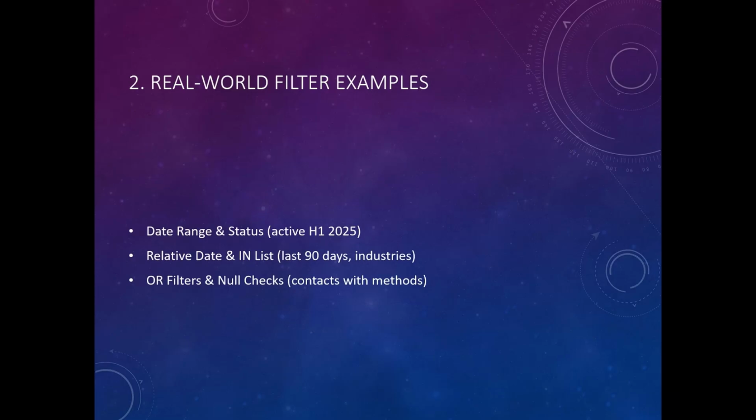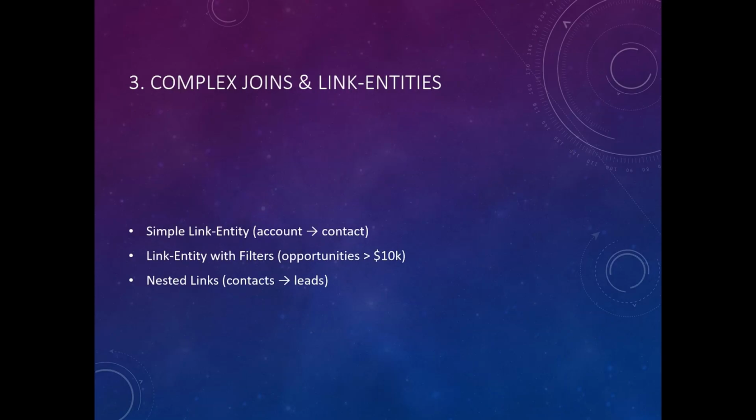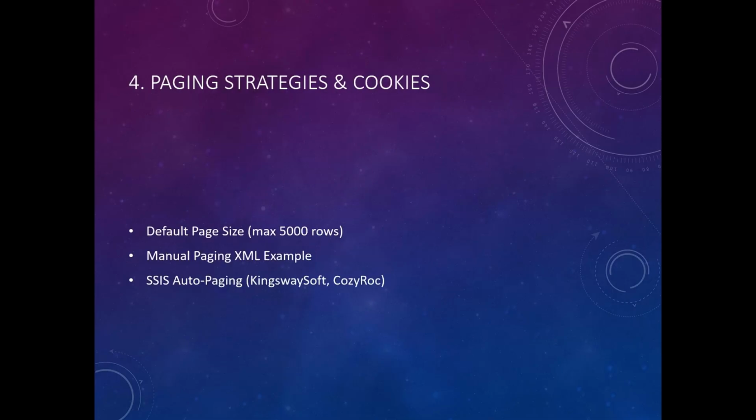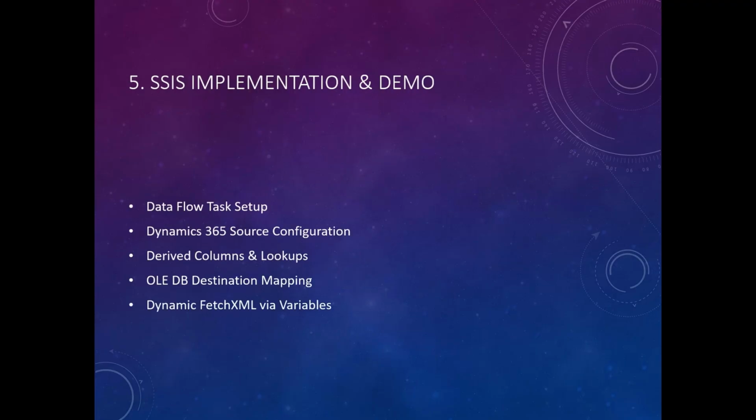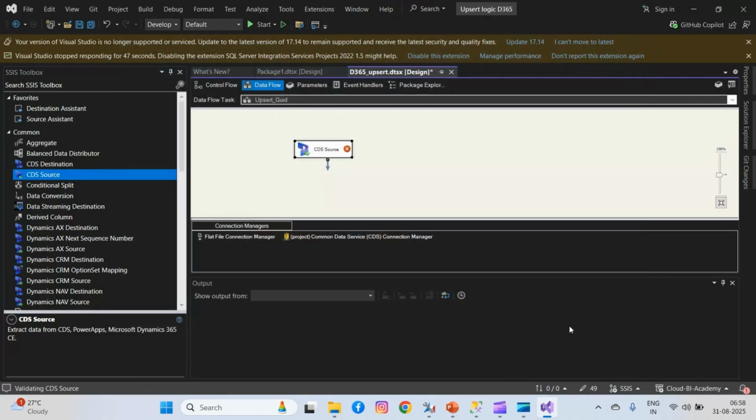We already went through filter examples, complex joins and paging strategy. There is also an auto paging option. Now our source data is prepared, and we can modify it accordingly.